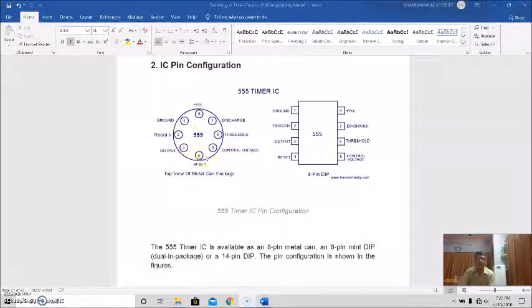This is the top view of a metal can package, and this is the dual in-line package 8-pin 555 timer. See, first pin is ground. Second is trigger. Third is output.